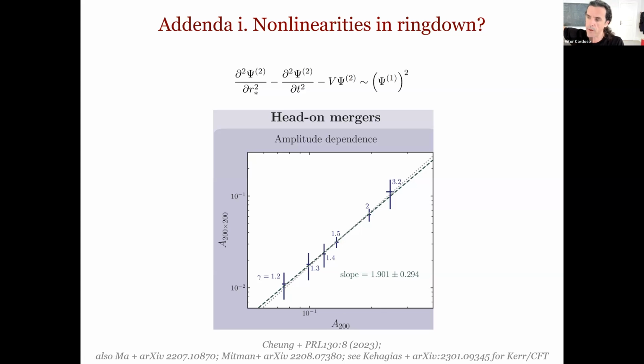Because if you square an L equals 2 spherical harmonic, among others, you're going to get an L equals 4, right? Yeah. Okay, so it is also generated linearly, but you're subtracting that and you have an extra contribution. That's correct. Okay. I see. Okay, thanks. And the amplitude of this guy with respect, well, it's here, right? It can be up to 10% of the linear mode, for example, for this type of simulations.